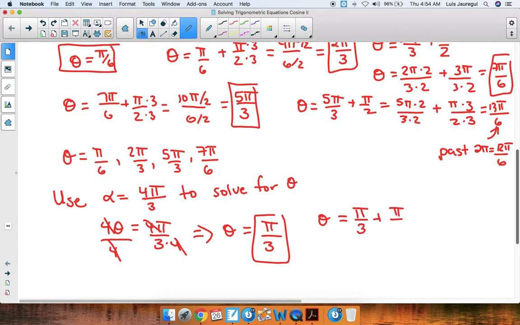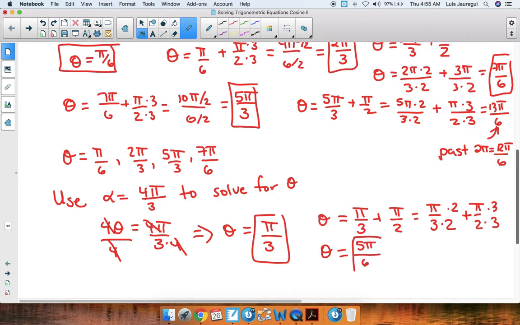Now, getting the same denominator means that we're going to have a 6 as a denominator, so let's multiply the pi over 3 by 2 over 2, and let's multiply the pi over 2 by 3 over 3. Now, we have that theta is equal to 2 pi plus 3 pi, which is 5 pi, all over 6.